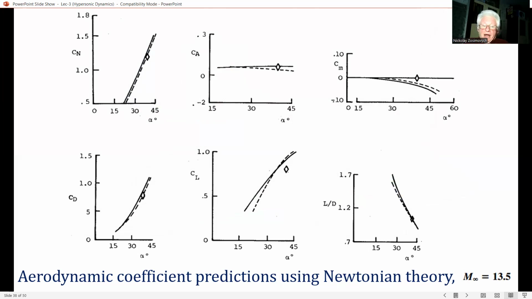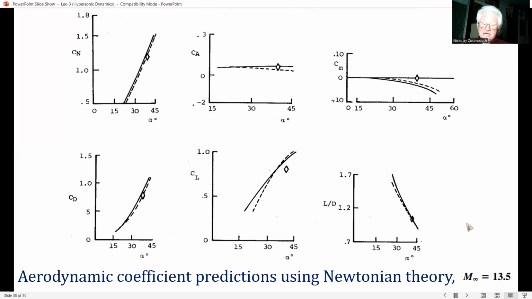The prediction from HABP used only one combination, 1.1 when k equals 2, and that is straight Newtonian. The slide gives the variation of Cn, Ca, Cm, Cd, Cl, and lift to drag ratio as the output, as a function of angle of attack.